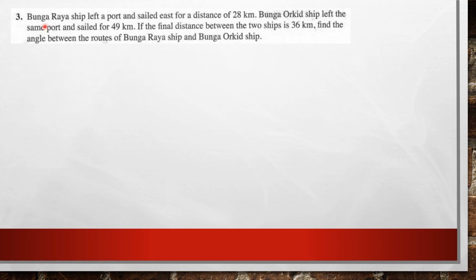Next, we look at question number 3. The Bunga Raya ship left a port and sailed east for a distance of 28 kilometers. The diagram is not given, so better you sketch it yourself. This is the port, you can label it as P. The ship sailed east, so this is the direction for east.